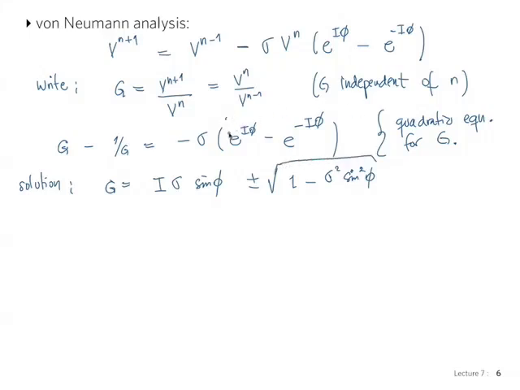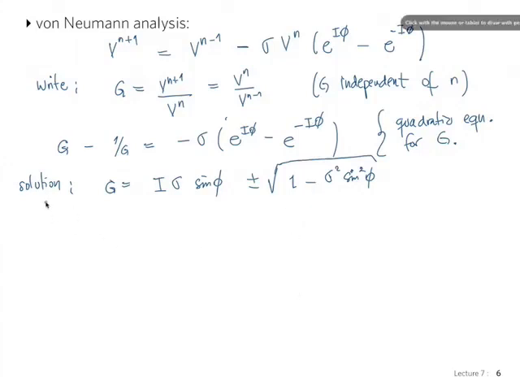Basically, what's inside this parenthesis here is 2i sine theta, 2i sine phi, and when I take the square root of that, I get the sigma squared, the sine squared, and there's also the square of I, which is minus 1, hence the minus sign in here. That's where it goes.